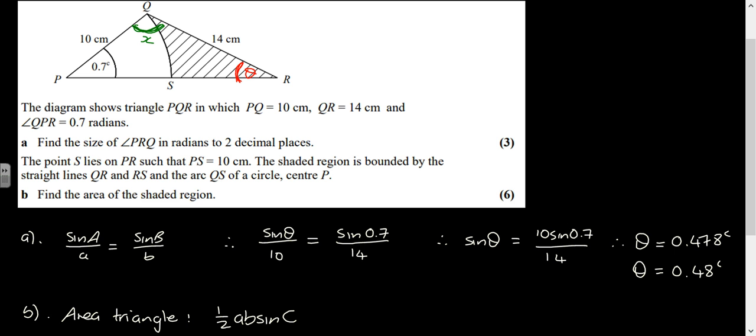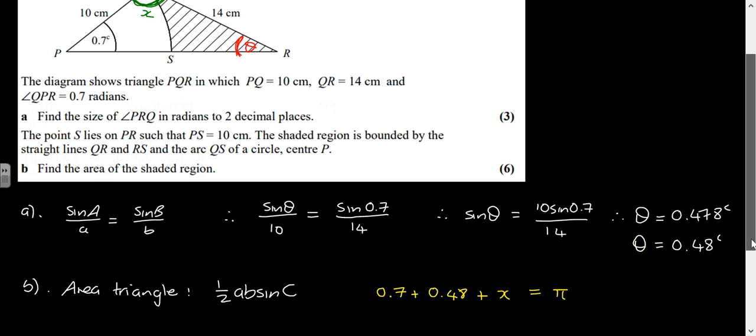Now, what we do know about angles in a triangle is that they add up to 180 degrees, but we're working in radians, so they add up to pi radians. We're going to use the fact that 0.7, as given in the question, plus my 0.48, as calculated in part a, which is this angle down here, plus X is equal to pi, because pi radians is the equivalent of 180 degrees.